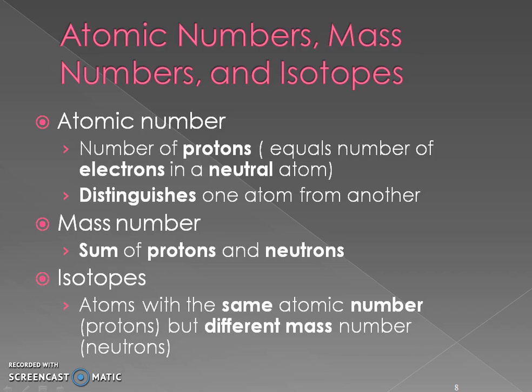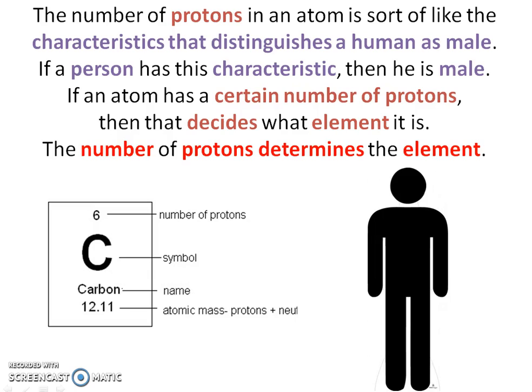So with all this information, hopefully you understand that the protons of an element will never ever change. Just like the number of protons in an atom is sort of like a characteristic that distinguishes a human as a male. So if we look at a person and they have certain characteristics, then that person is a male. So if an atom has a certain number of protons, it's going to decide what that particular element is.